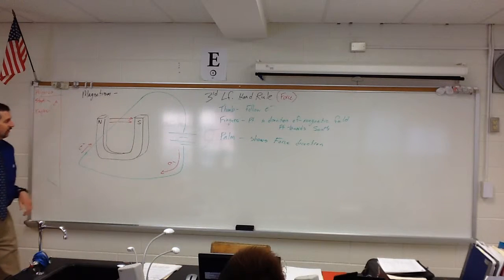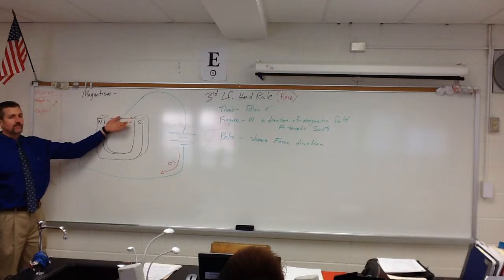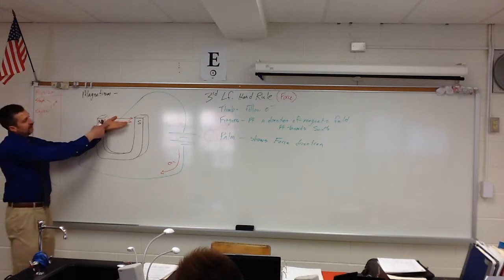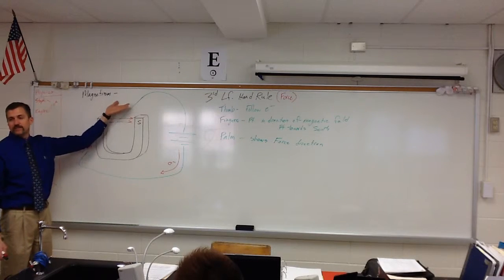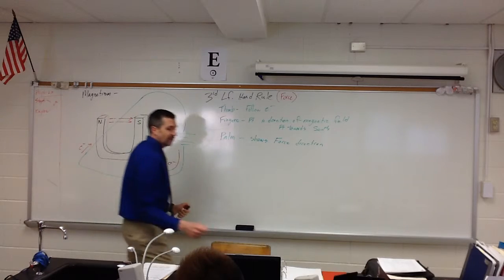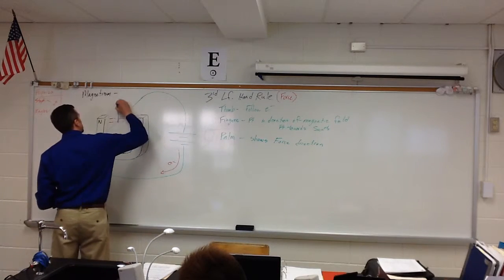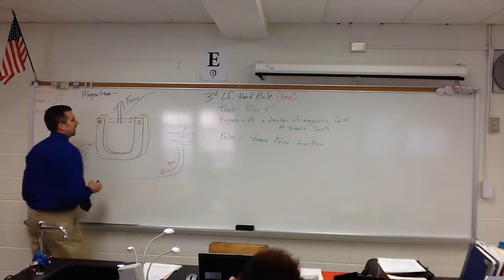So, if I take my thumb and follow the electron flow, and I point my fingers towards the south, in the direction of the magnetic field, then my palm is facing up. So the magnetic force that will occur on this wire is up.